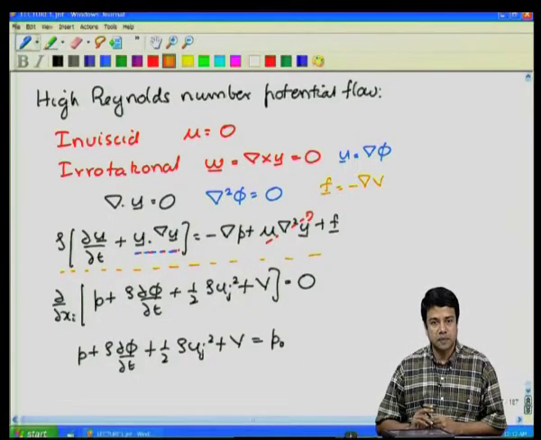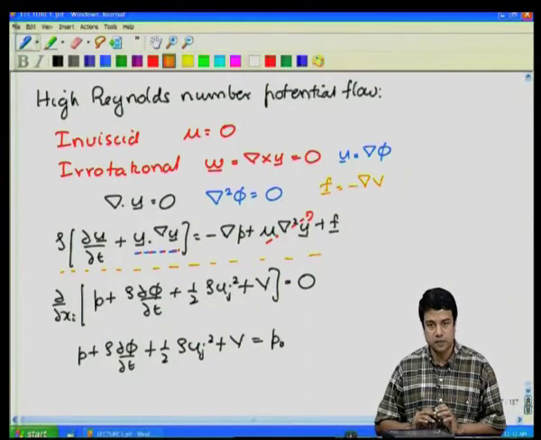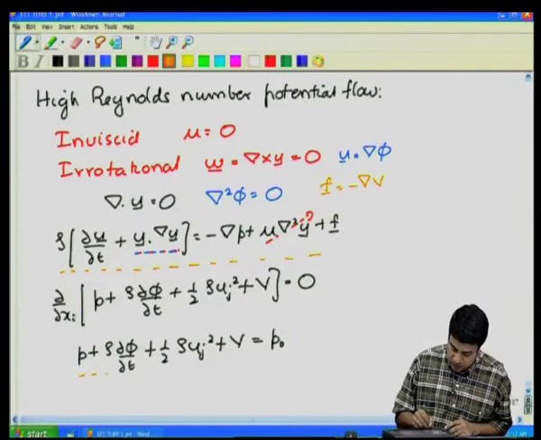So, coming back to my earlier point, the momentum conservation equation originally was a vector equation. I reduced it to an equation which was basically the gradient of a scalar function is equal to 0. Gradient is a vector. However, since the gradient is equal to 0, that means that this function is equal to a constant. So, from this vector equation I have reduced it to just one equation here.